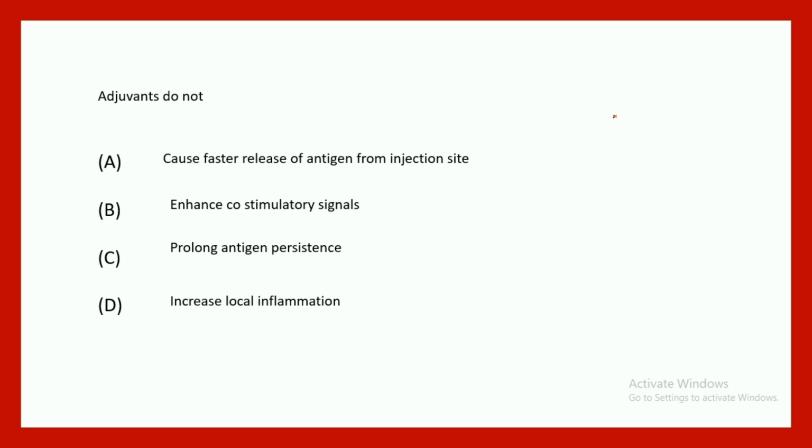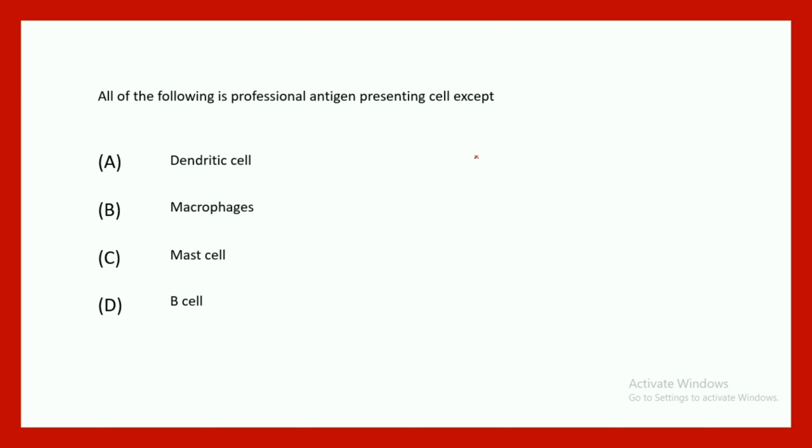Adjuvants are simply those substances which can increase the immune capability or the immune response, which augments the immune response. So that is why it cannot cause faster release of antigen from the injection site. That is contradictory to the definition of adjuvant, and that is why this option is correct.